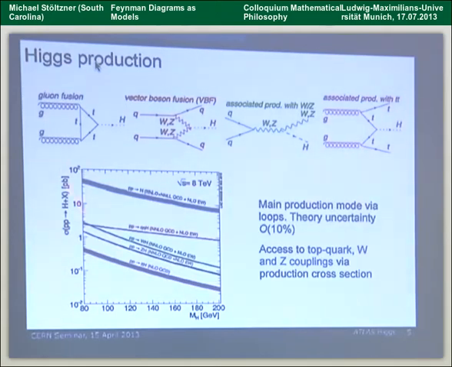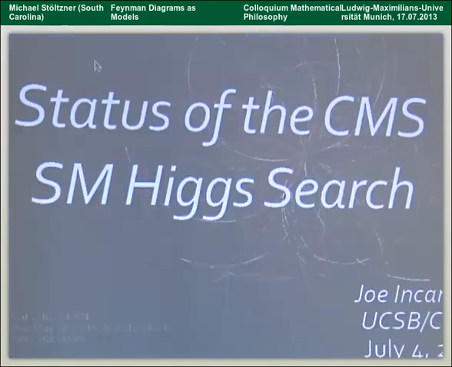But then they talk to you about what processes we are looking at. So this Higgs could come from gluon fusion, that's this channel, from vector boson fusion, from associated production with W or Z, and with 2 tops. And all of these are signatures. Some of them they can measure better, others they can measure worse.